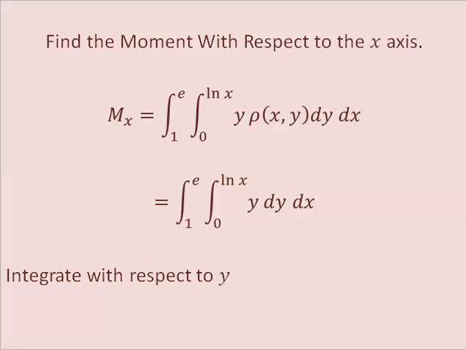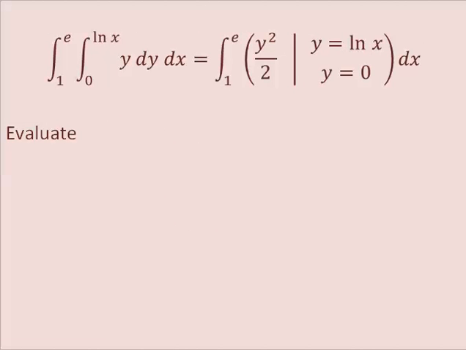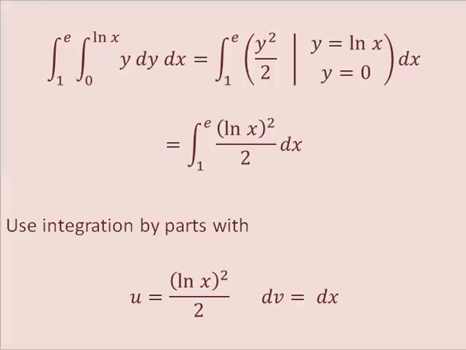Now let's work on the moment with respect to the x-axis. First, we integrate with respect to y. And when we integrate with respect to y, we then evaluate, and we get this. Now this is going to require 2 applications of integration by parts. So start off with our integration by parts of u equals ln of x quantity squared divided by 2.